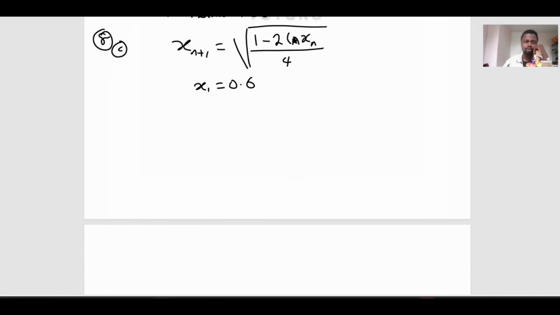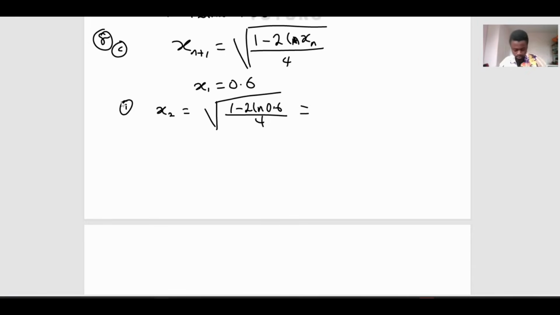We need to find x2 firstly. So if you are finding x2, you put your n equal to 1. That makes x2 equals square root of 1 minus 2 ln 0.6 over 4. And when you do that to 4 decimal places, it should be approximately 0.7109.